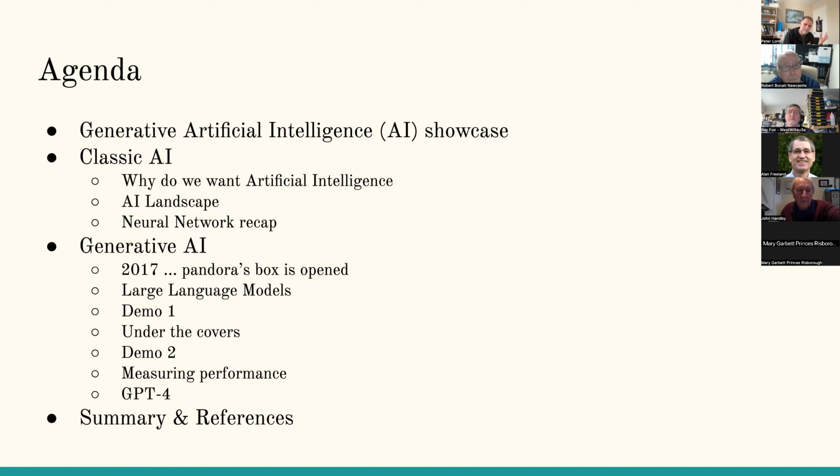But this is, going back in time really from the 50s up to the 2000s, how classic AI works under the covers. And we need to start there because the generative AI builds on top of classical AI. And then we'll go on to talk about generative AI, in particular when the Pandora's box was opened in 2017. We'll talk about large language models, a couple of demos, and some interesting bits and pieces, such as, how do you test these large language models? And then we'll have a summary and references.